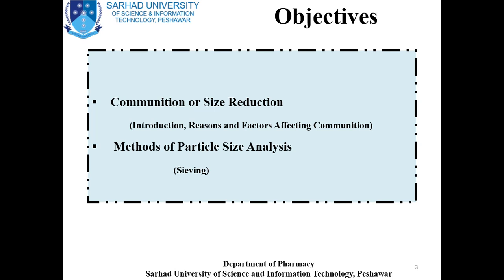The main focus is to learn about the introduction of comminution, and the main objectives, that is why we focus on the comminution or the particle size reduction process in industrial pharmacy, and the various factors which affect the particle size reduction. And in the second part of the lecture we will discuss the various methods of particle size reduction and analysis, including one of the methods that is termed as sieving.